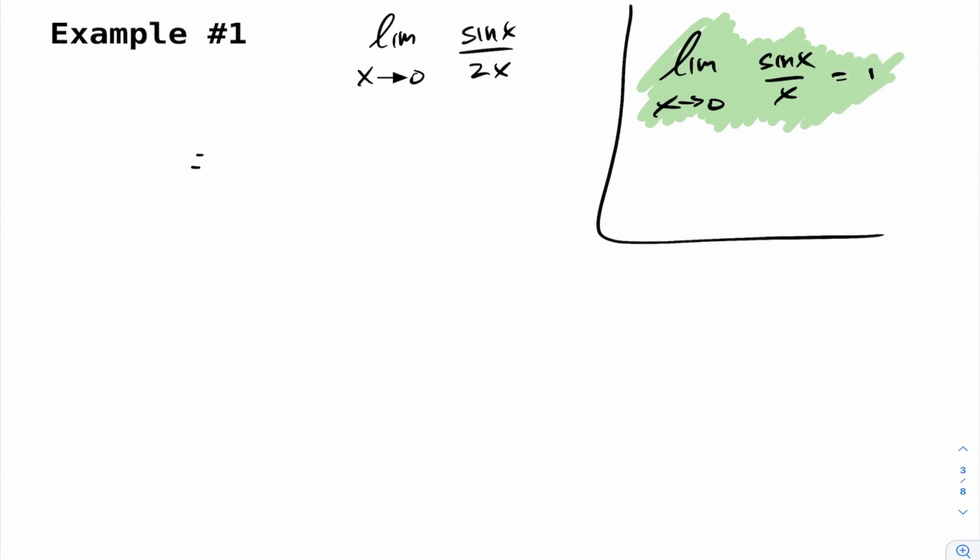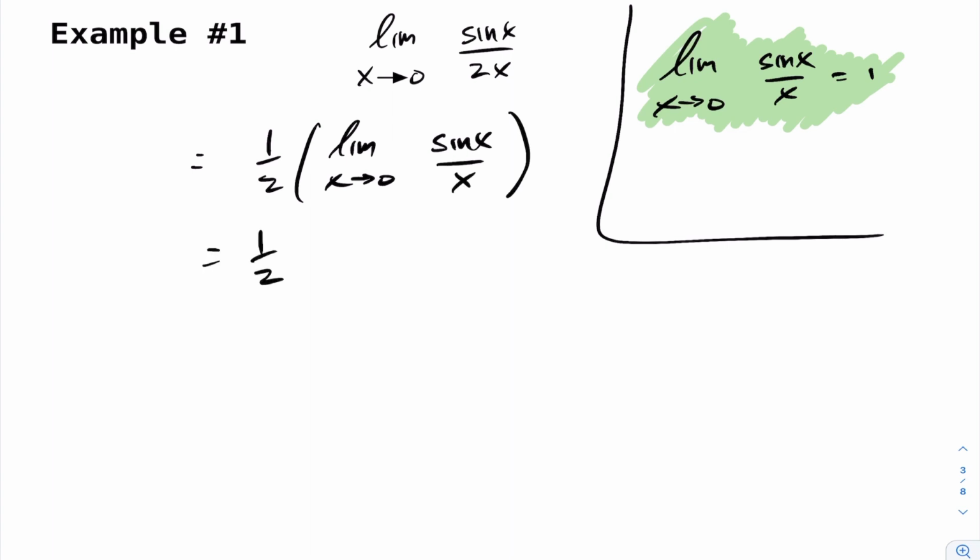Well, I can factor 1 half out of the expression, in which case I'm taking the limit as x goes to 0 of sine x over x. But now we know that the limit as x goes to 0 of sine x over x is 1, and the answer to example number 1 is a half.